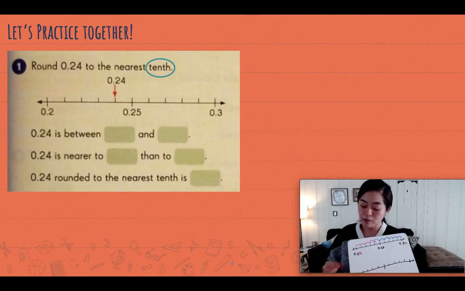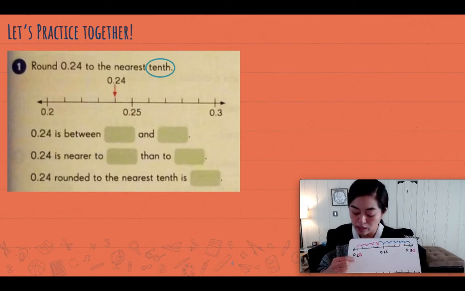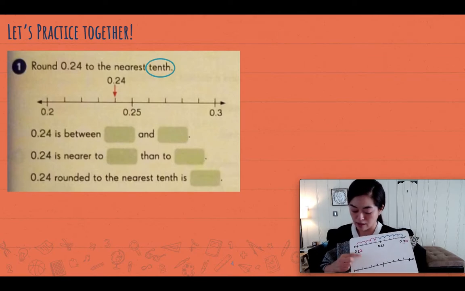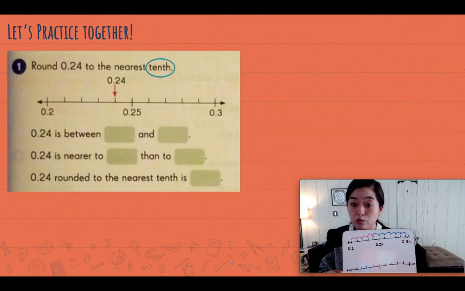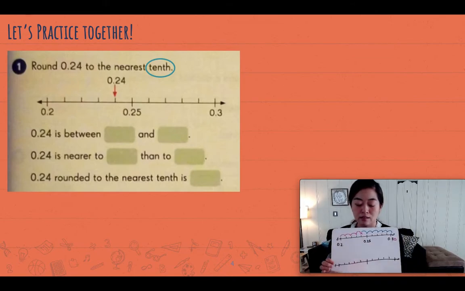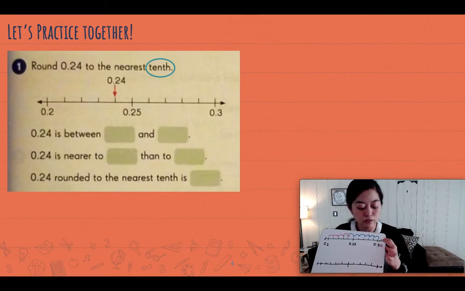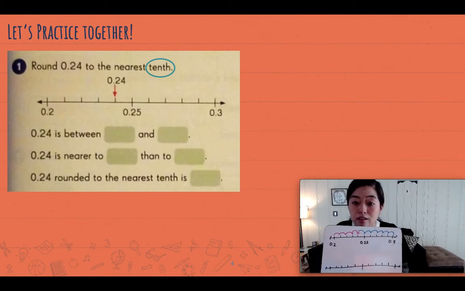Now remember, 20 hundredths is the same thing as saying 2 tenths. 30 hundredths is the same thing as saying 3 tenths.